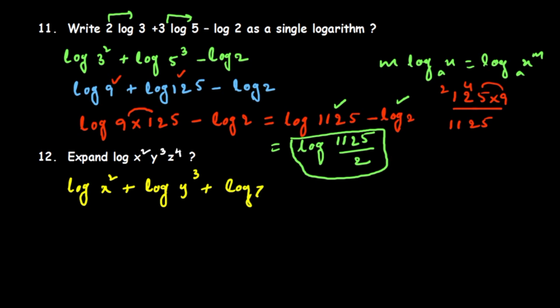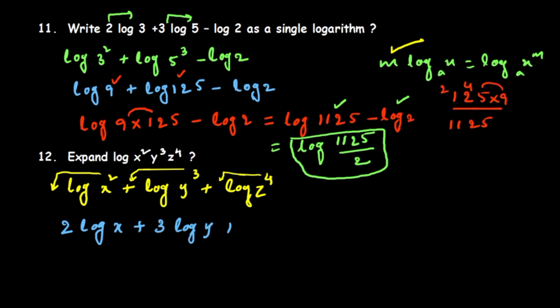Now using this formula, m log x base a equal to log x power m base a, we get now this 2 here, this 3 here, similarly this 4 also. Then what we get, that is 2 log x plus 3 log y plus 4 log z. Okay, so this is the answer for this question. So this is the expansion form.